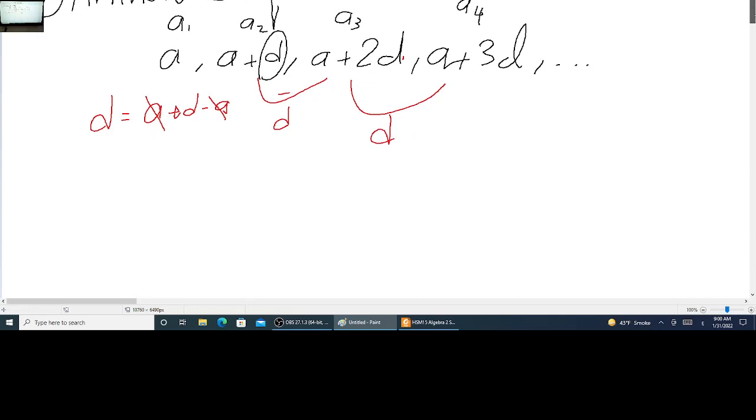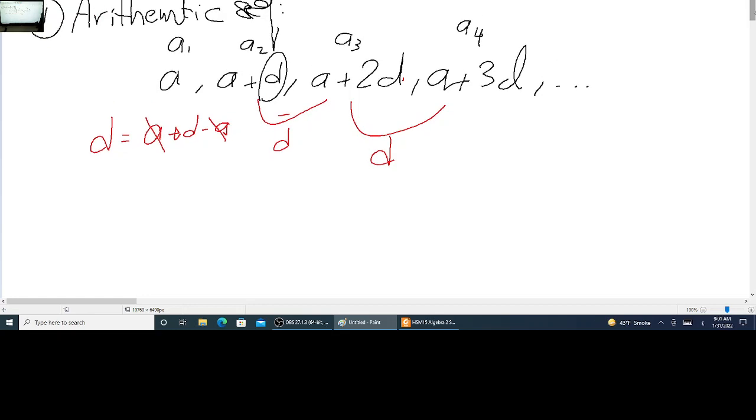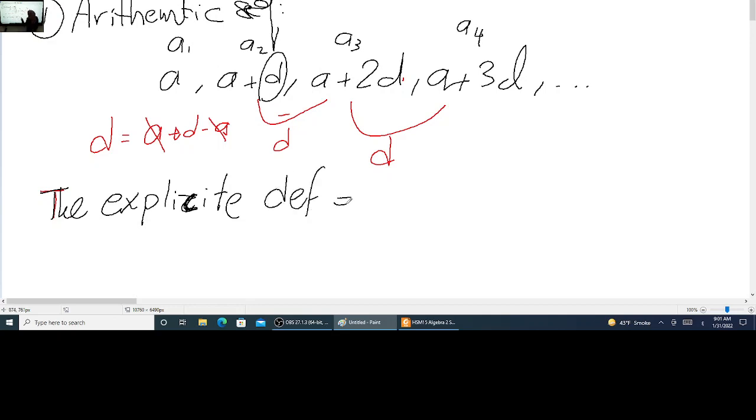Now, how can I find the explicit formula or the explicit definition for the arithmetic sequence? We have a rule: the explicit definition is an equals a1 plus n minus 1 times d.